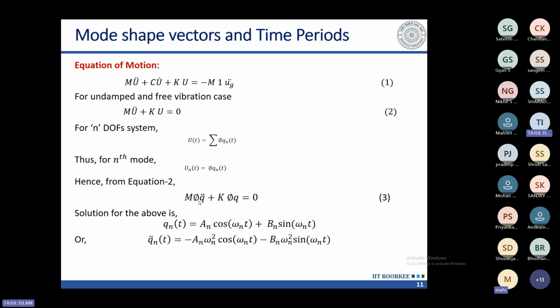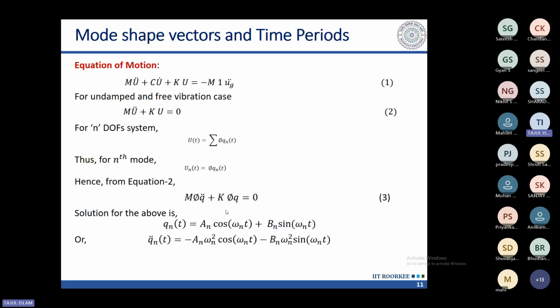So you'll have phi multiplied by q double dot if you are double differentiating this one. Then plus k into u. Instead of u, you can write phi into q. So again, now this is my final expression. If you solve this expression, you can refer to any standard book for structural dynamics on how to solve it, and you can get the result.